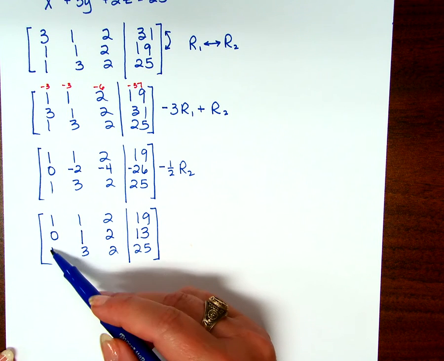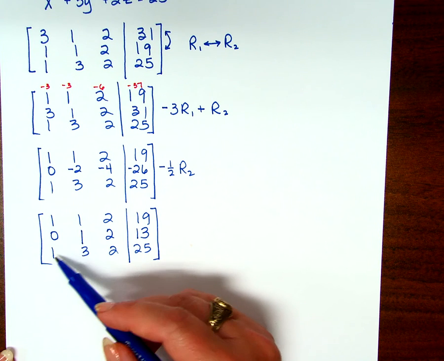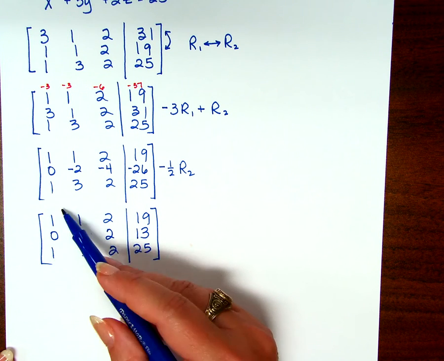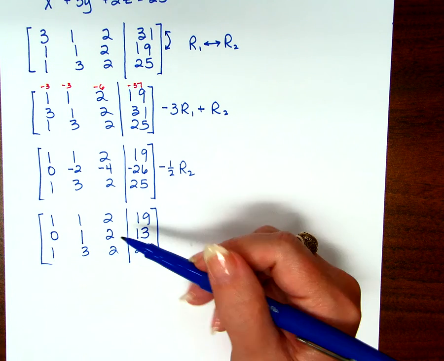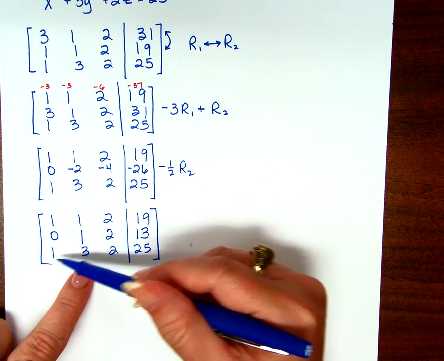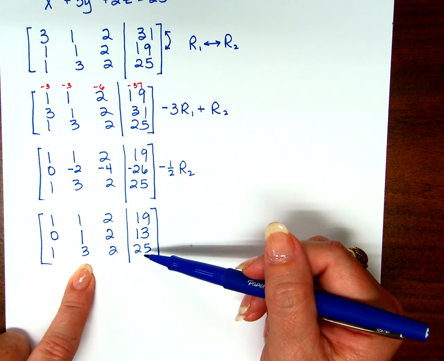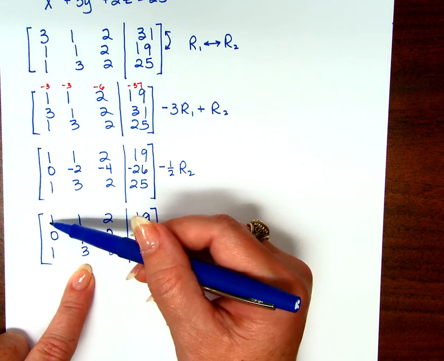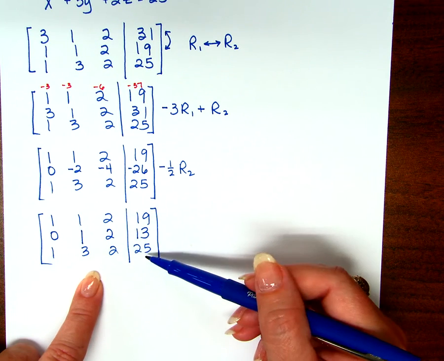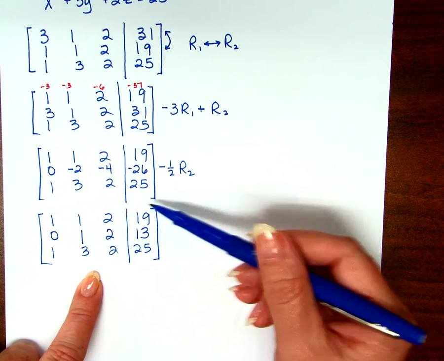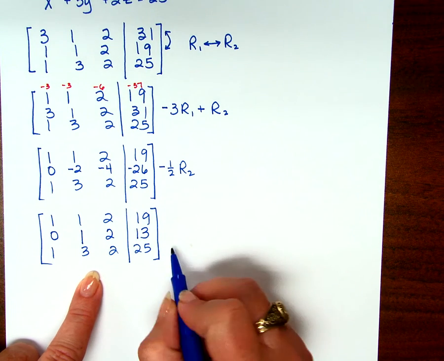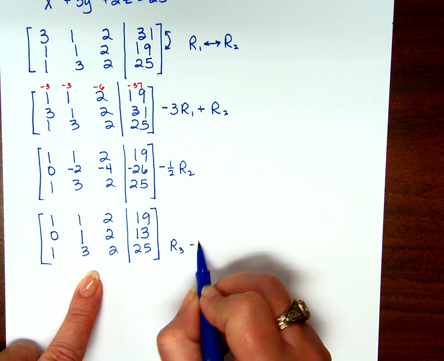Well, if I subtract them, wouldn't that give me a 0 right here? Top and bottom. So think about the numbers that are involved here. I want to try to stay away from negatives if I can. So should I say row 1 minus row 3, or should I say row 3 minus row 1? 3 minus 1.